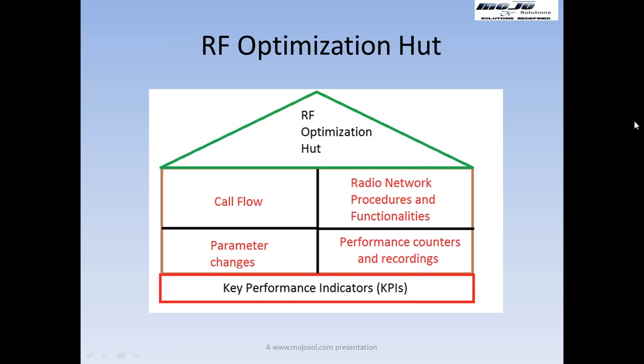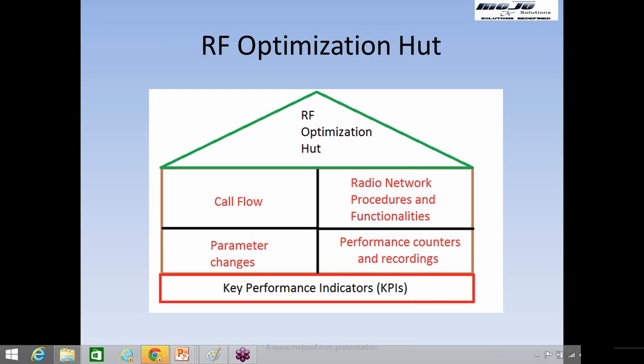So basic building blocks again are for us radio network functionality, which is broader or tightly linked with call flow. And as soon as we want to measure how our radio network functionalities, different functionalities, call setup, RACH, RRC are individual functionalities. They make a bigger functionality called call setup functionality.